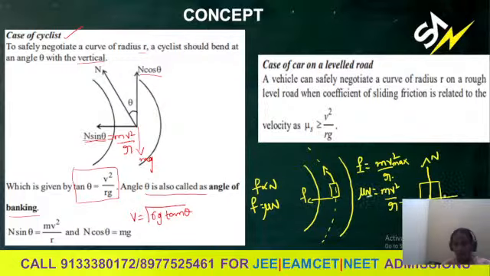And n is balanced by the weight of the car downwards in this free body diagram. So the reaction force is balanced by mg. So mu mg is equal to mv square by r. So m cancels.